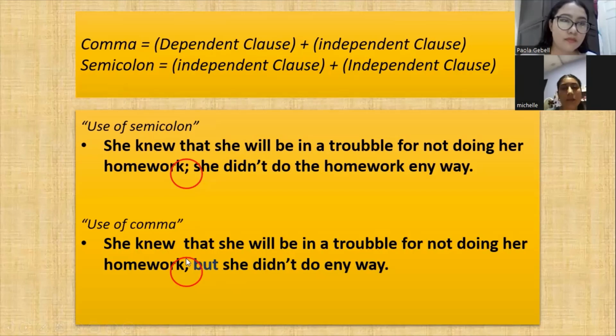Yeah, because in the second sentence, we add the conjunction but. So in this case, we need to put a comma. And in this case, but she didn't do it anyway, it's a different type of clause.